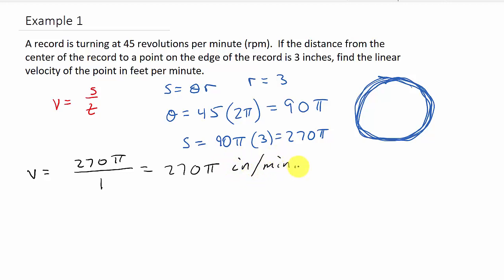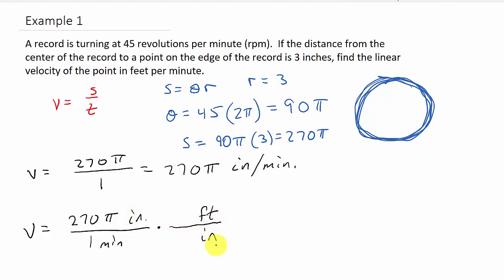Okay? All right, but that's not how we want our answer. We want our answer in feet per minute. So the linear velocity, which is 270 pi inches per minute, and that's 1 minute. All right, so we need feet up here. Now the minute's good, we need to keep that, but we need this in feet. And we need to cancel out inches.